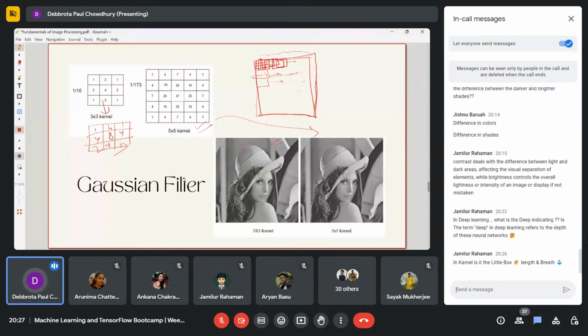So what most cameras, most of our mobile phones, do is take the picture, then post-process it and then blur the background. For blurring the background, they use this kind of Gaussian filter or any kind of filter, and the background gets blurred. Okay.